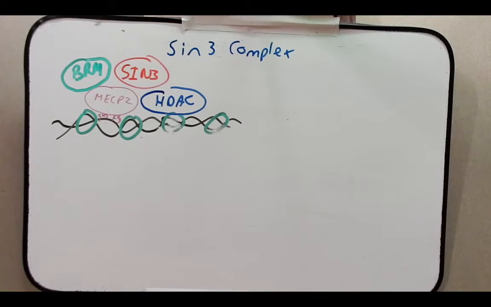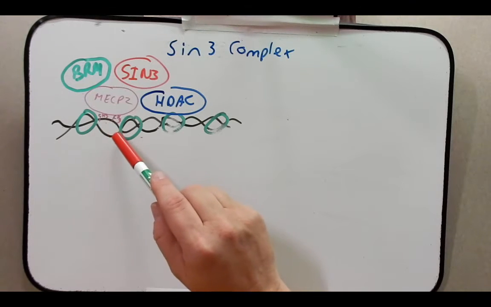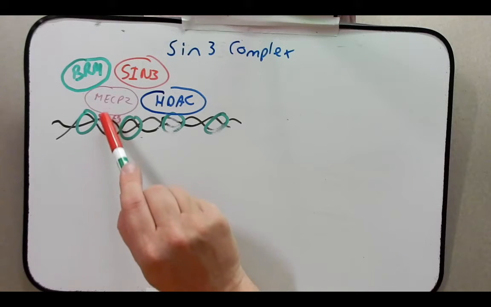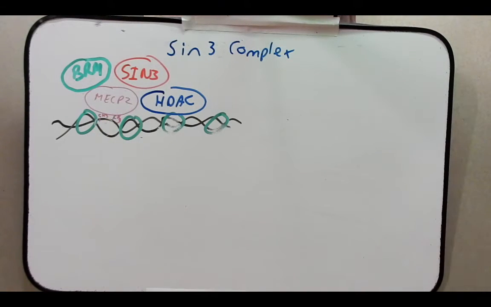And those are usually involved in turning a gene on, but sometimes they're necessary to open up the DNA just a little bit. And this isn't the whole complex, this is just one of the proteins in that complex. Just to open up the DNA just a little bit in order to get it methylated, in order to have other things happen to this chromatin to put it in its repressed state.